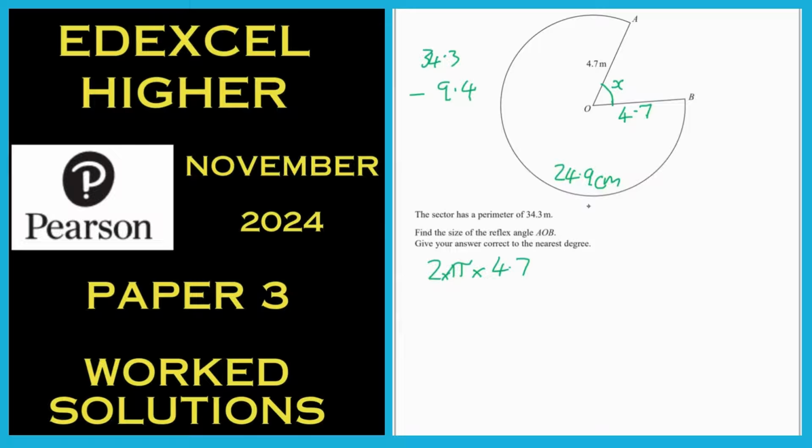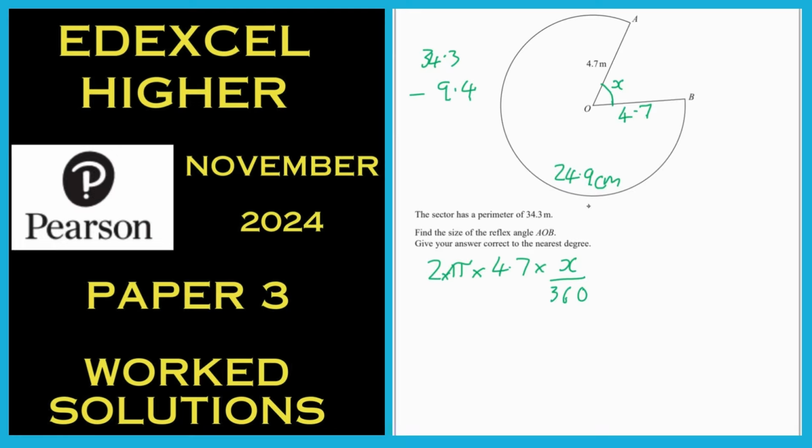That gives you the full circle, but we haven't got a full circle. We've got a fraction of a circle, and that fraction is x out of a full circle would be 360 degrees.